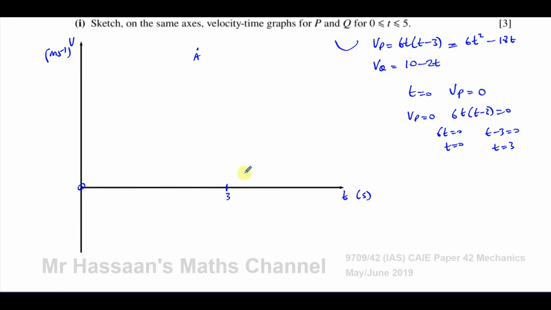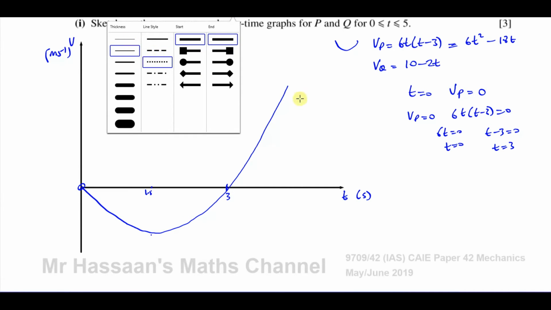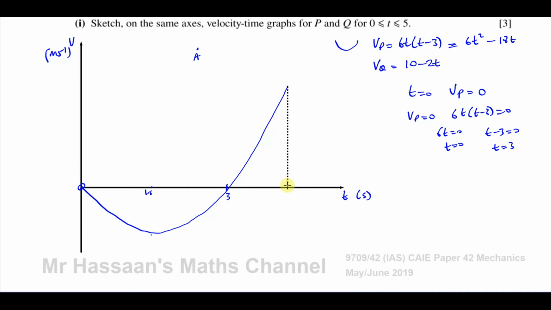It has a minimum, so exactly halfway between 0 and 3, at 1.5, is where it reaches its minimum point. It turns at that point and goes upwards through 3 until we reach 5 seconds. What is its value at 5 seconds?